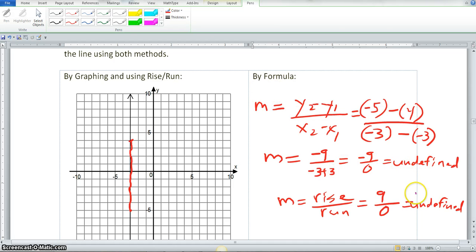Both methods produce an undefined slope. I know that initially when we did the formula, we had negative 9 over 0. But then when we did rise over run, we did 9 over 0. But if we would have started from this point, our rise would have gone down 9, and that would have made it negative 9 as well. So it still would produce the same answer.